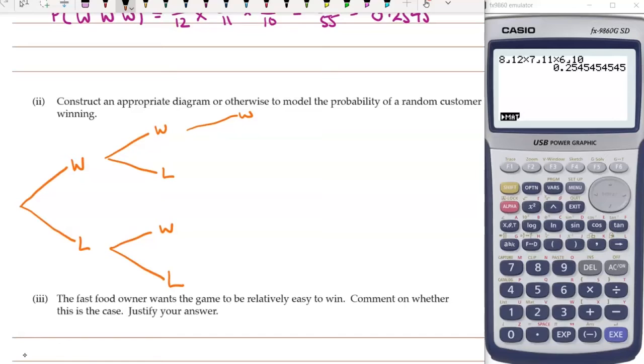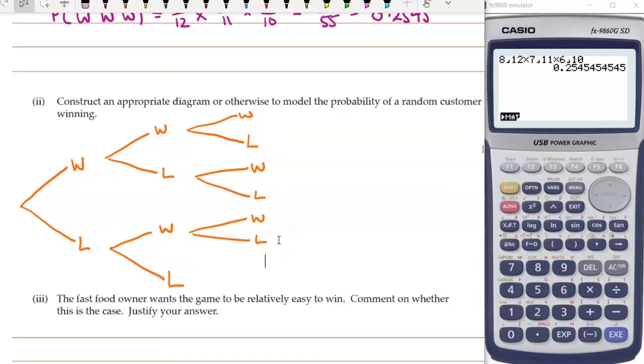So win, win, win would stop there as well. But we could have win, win, lose. We can do this next bit here, win, lose, can go to win, lose, and then win, lose. Now this branch here would stop because we've got 2 L's along that one.